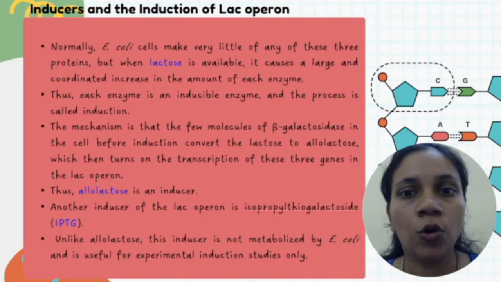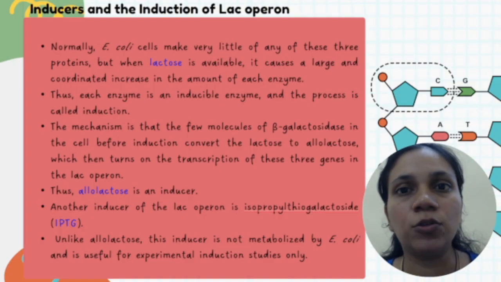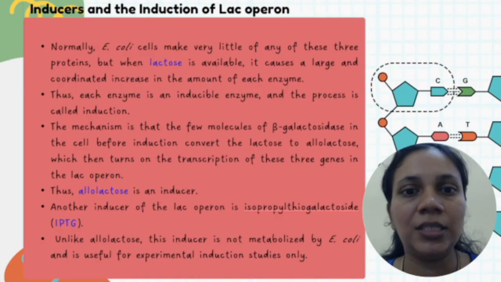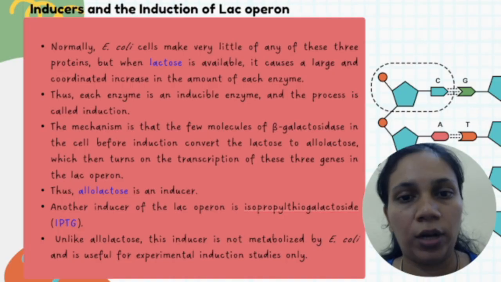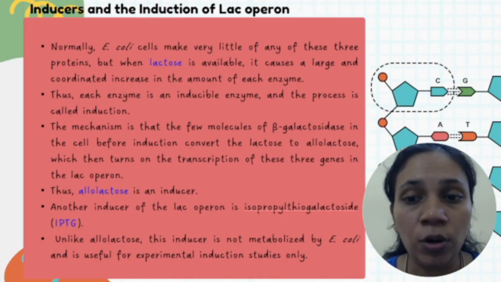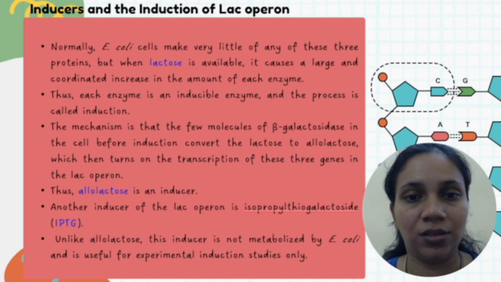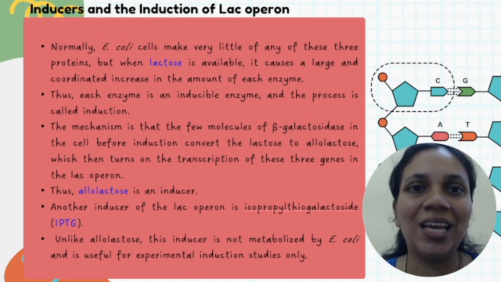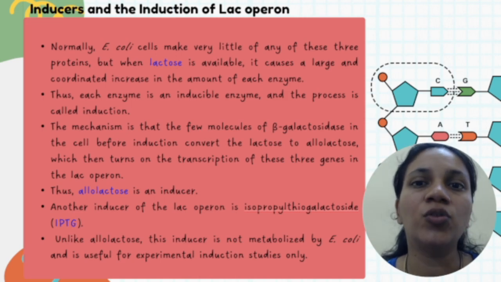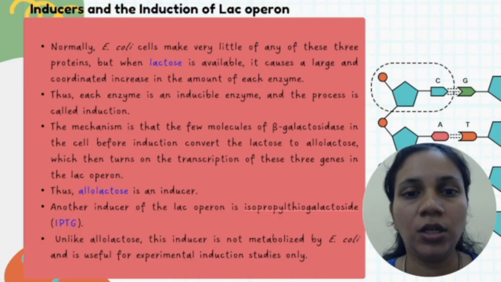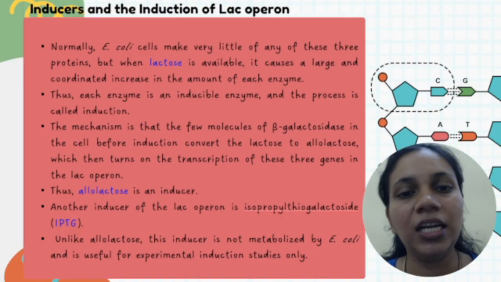So this beta galactosidase, which is already present in the cell, converts the lactose into allolactose, and this allolactose in turn acts as an inducer and turns on the transcription of those structural genes. So here your allolactose is the inducer.